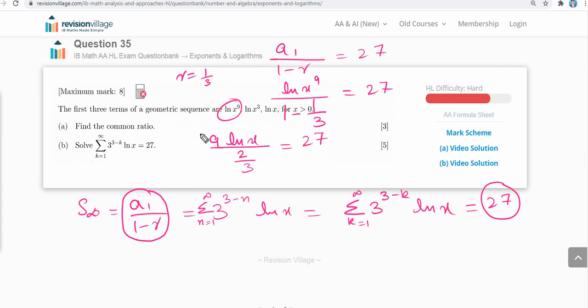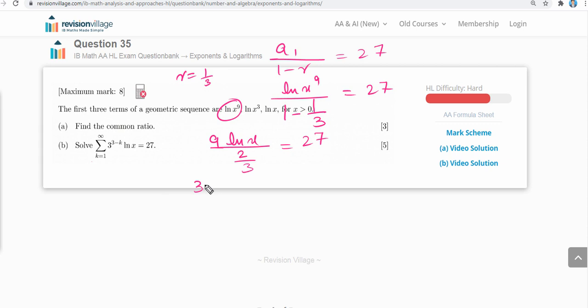I'll bring this 3 over here in the numerator, so it will become 3 times 9 ln x over 2 equals 27. So 9 times 3 is 27, so 27 ln x over 2 is equal to 27. This 27 gets cancelled, so I'll have ln x equals 2.